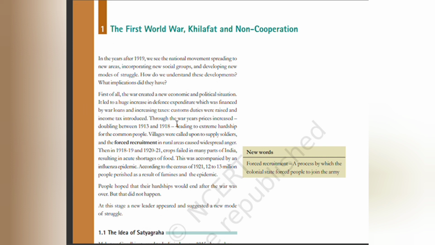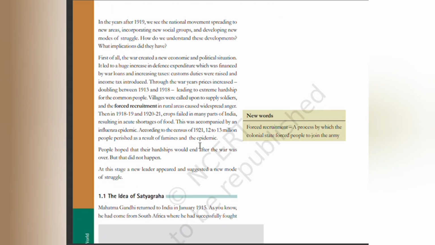Through the war years, prices increased, doubling between 1913 and 1918, leading to extreme hardship for the common people. Villages were called upon to supply soldiers, and the forced recruitment in rural areas caused widespread anger.